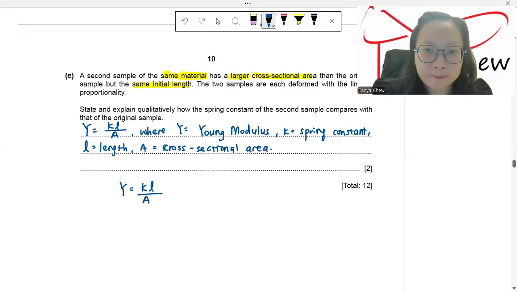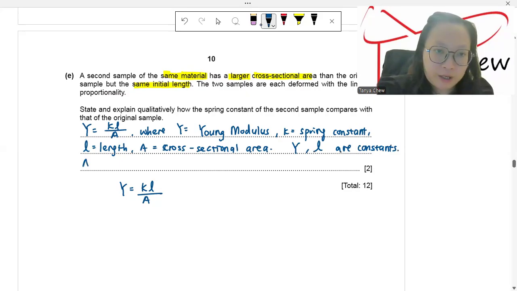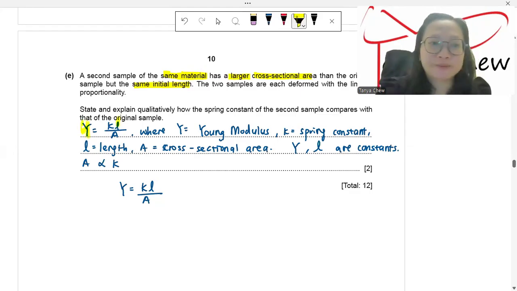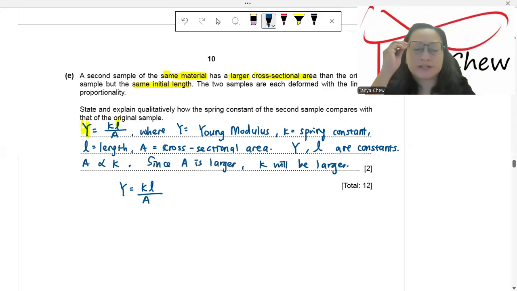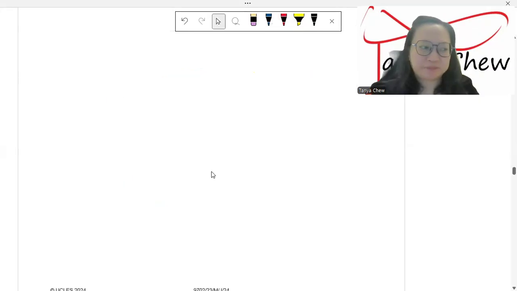Now, Y and L are constant, and A is directly proportional to K. See that? Because these are constant, you take out the A, you get A is directly proportional to K. Since A is larger, K will be larger. So that is how we discussed qualitatively.